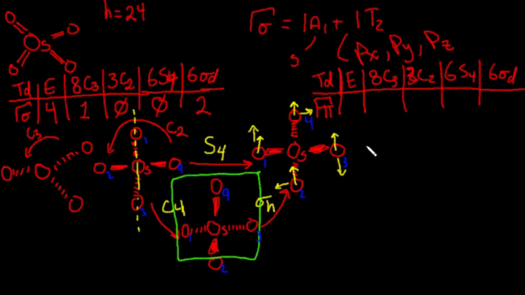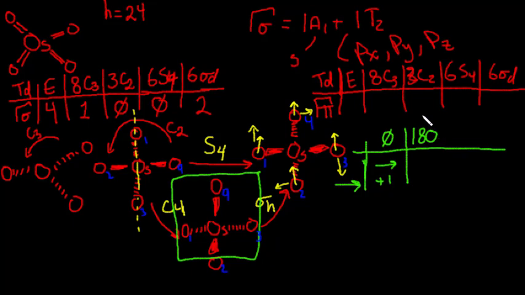Now, one tool that you can use is the cosine function. So if we look at a vector, let's say the vector is pointing to the right in this case. If we have no rotation and the vector points in the same direction, the cosine of 0 would be +1. If we rotate by 180 degrees, which is a C2 rotation, now the vector is pointing in the exact opposite direction, then this is assigned a -1.